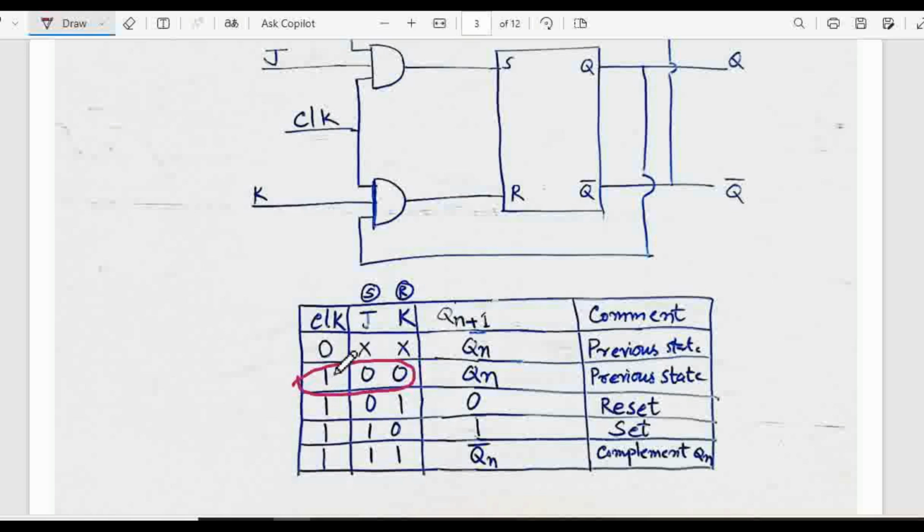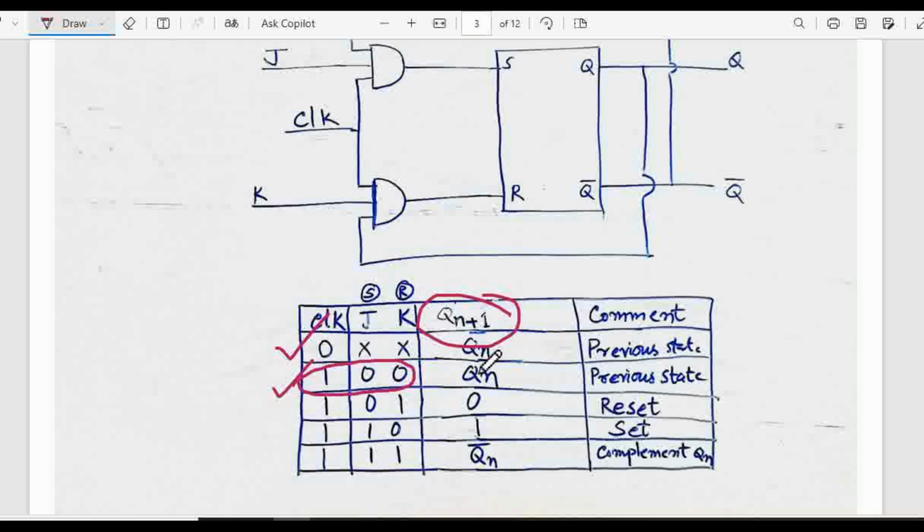And in the lower position, J equal to 0, K equal to 0 with the clock on. That means here the clock is 1, so it is on, but in the other case the clock is 0, so it is off. In both situations, what is the output? Qn plus 1 is the next output, and Qn is the previous output.